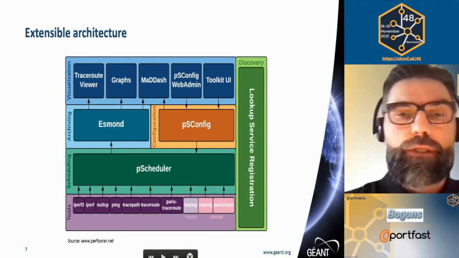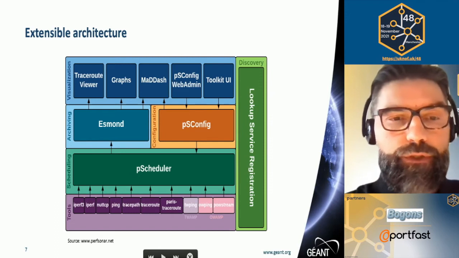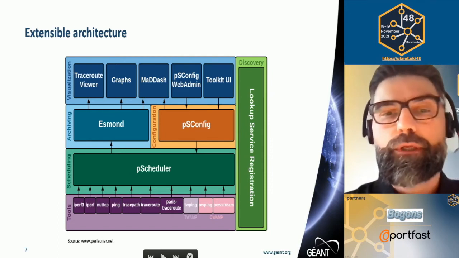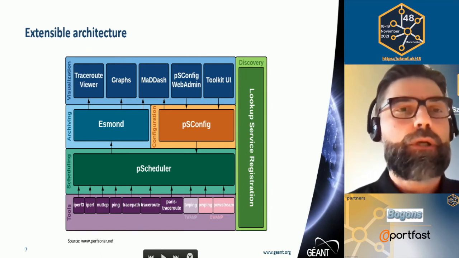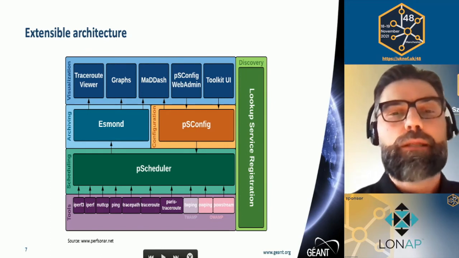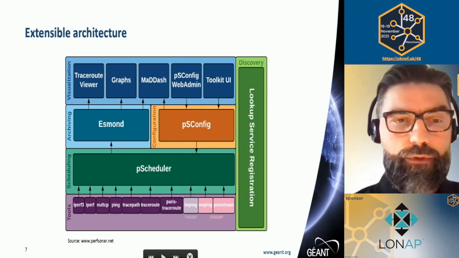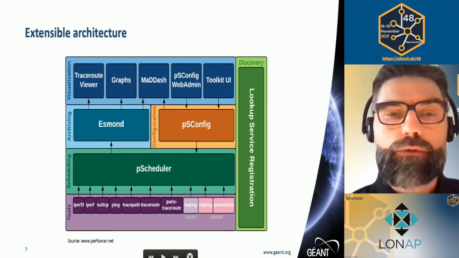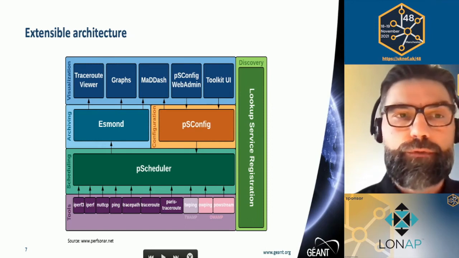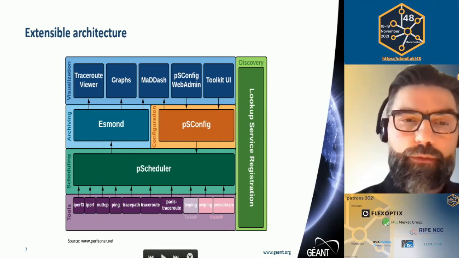So let's have a look at the bottom of the picture where you have tools. You can probably recognize some of them. These are the actual applications that run measurements over the network. So you have iPerf, traceroute, ping, or other ways of doing continuous measurements.